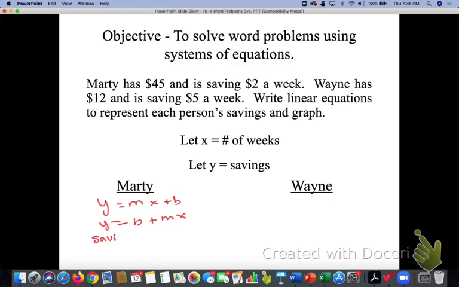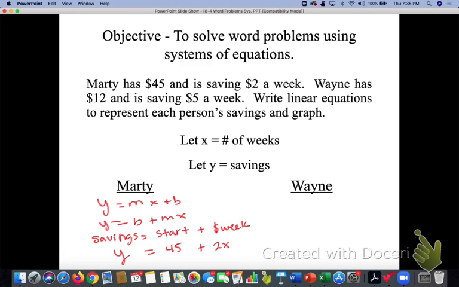Our savings is equal to our starting amount plus our weekly amount, the money times the weeks, right? So really this would end up being Y equals our starting amount for Marty, $45, plus $2 per X week.